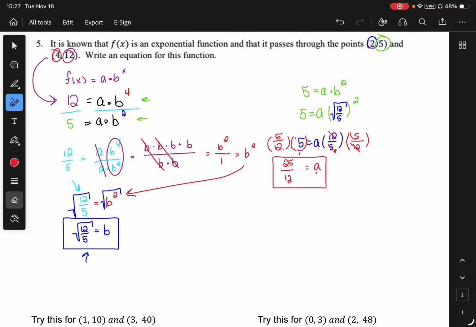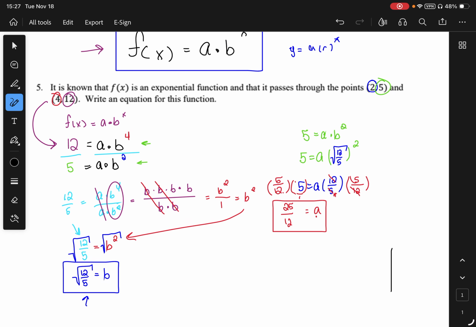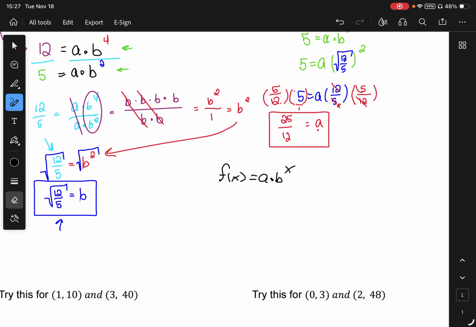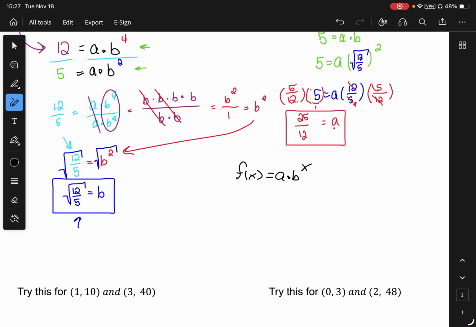So now that we have all of this, we're going to take our original equation, which we found up here. Our f of x equals a times b to the x. This is what we stated from the beginning. So now what we can do is plug in the values we found for a and b to get our equation.